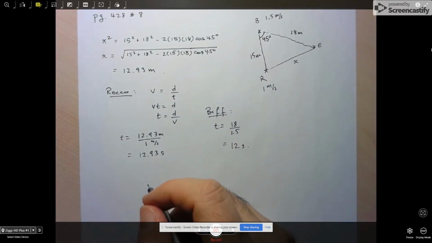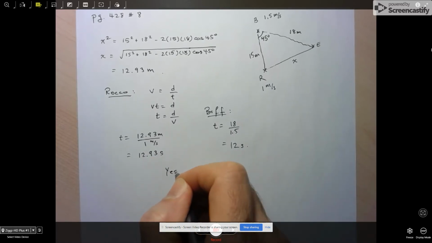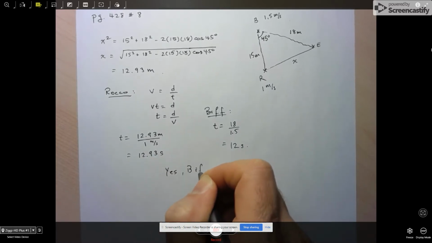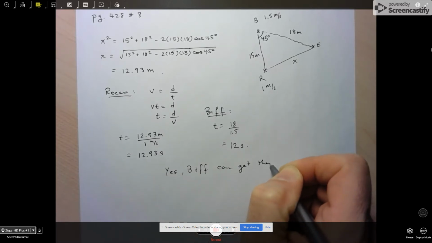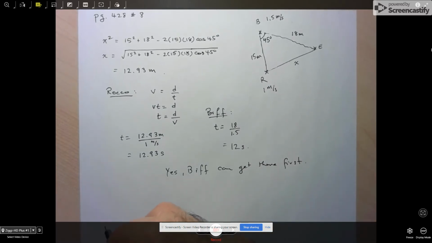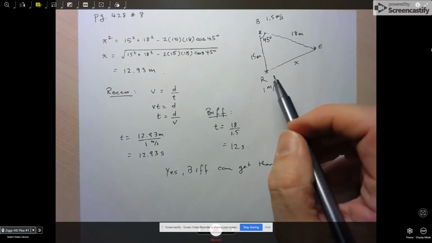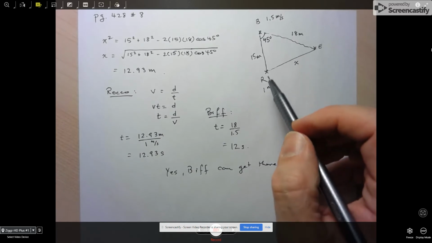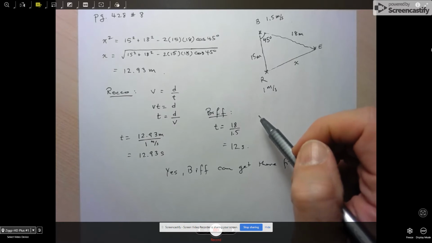So can Biff get there before Rocco? Yes. So yes, Biff can get there first. All right, and there's our solution. So let's just recap. So again, step number one was to read the question very carefully and make sure that we had a diagram that correctly displays the information.